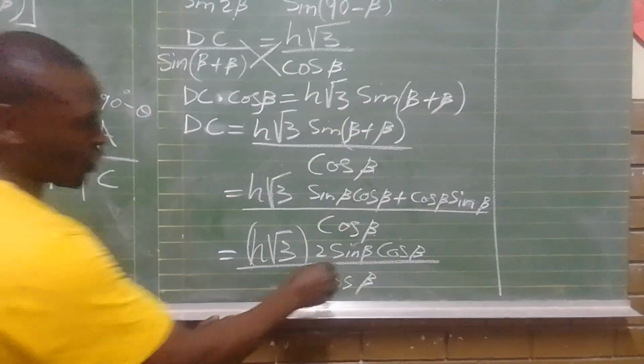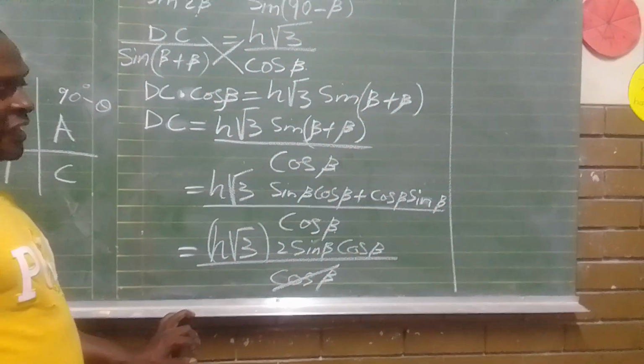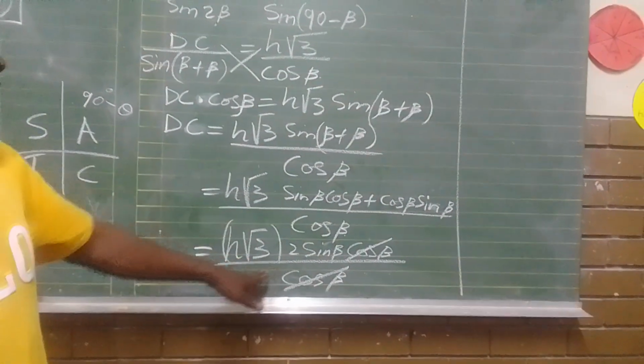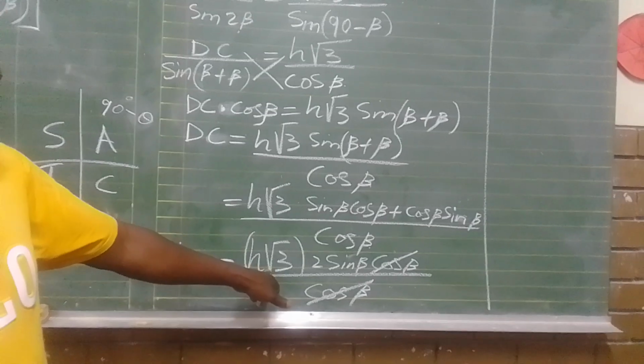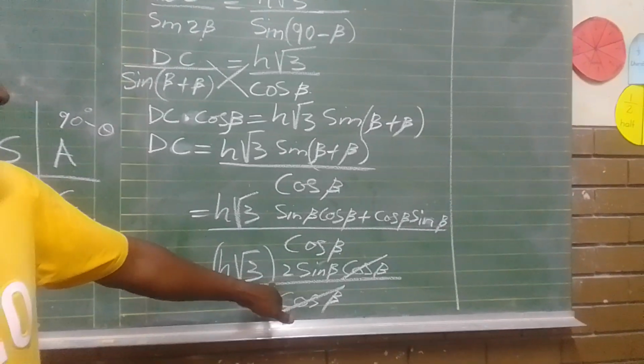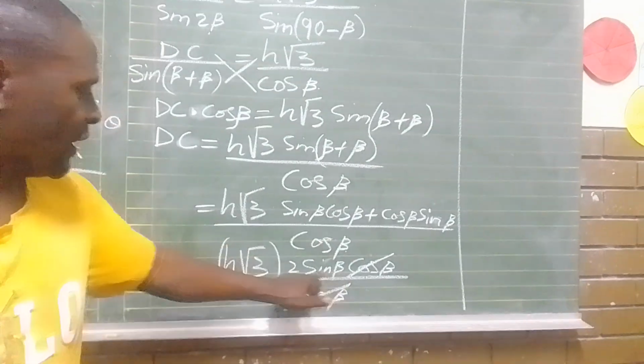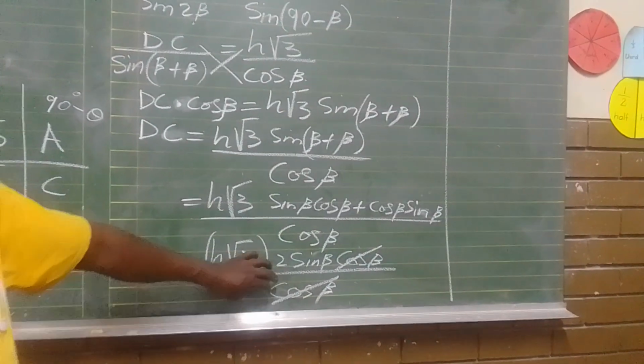You see there is a cos beta in the denominator and a cos beta in the numerator. We are left with h root 3 times 2 sine beta. This 2 can come as a numerical value.